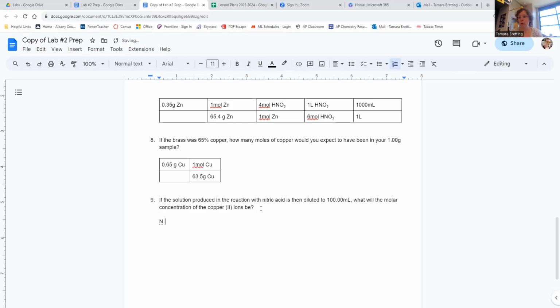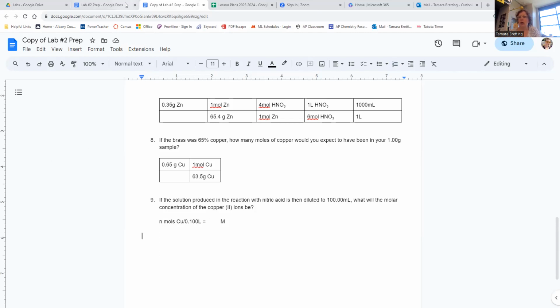So whatever your moles of copper divided by 0.100 liters is going to equal your molarity of copper. And so you can just fill that in here, okay? So I hope that makes sense.